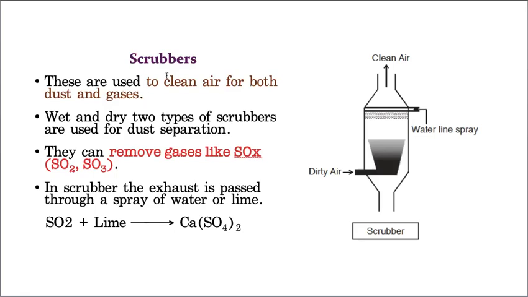Now scrubbers come in the form of wet scrubbers and also dry scrubbers. And what is the importance of the scrubber? It is very important for removing gases like oxides of sulfur, whether sulfur dioxide or sulfur trioxide, but mostly it is used to remove the oxides of sulfur.